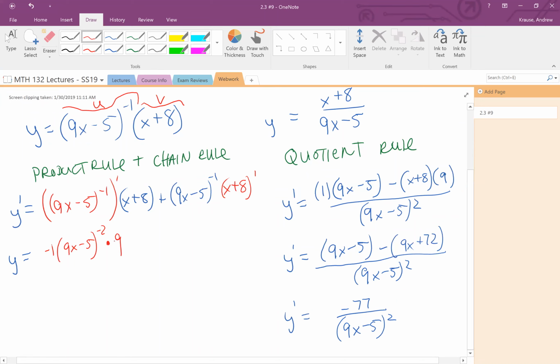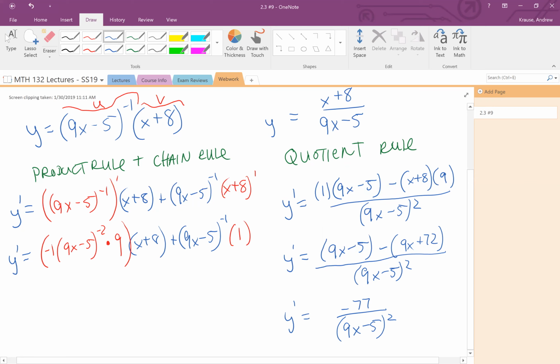That's the only part of the chain rule there. And then we're going to leave x plus 8, and 9x minus 5 to the negative 1. And then the derivative of x plus 8 is just 1 there. Yep, we can do number 12 after this for sure. And that's the complete thing there.